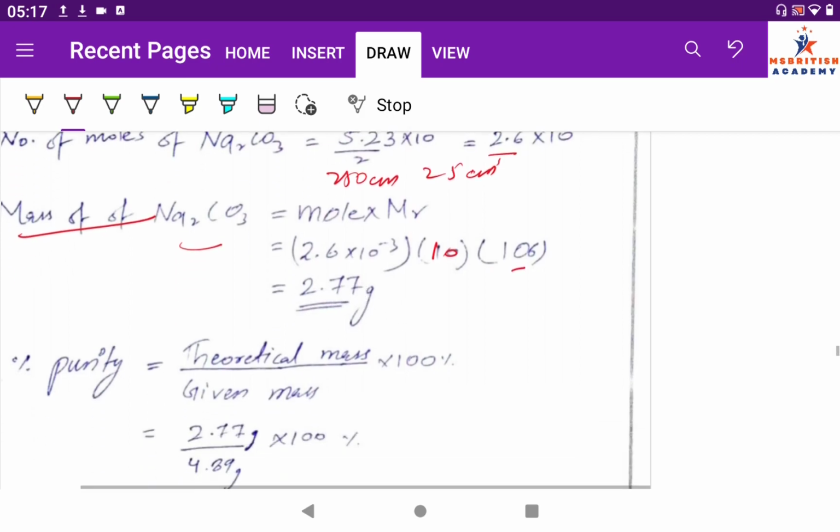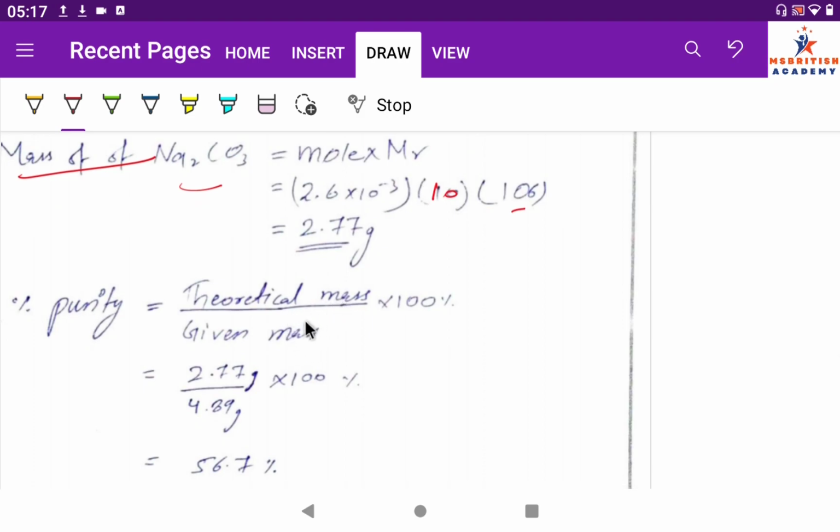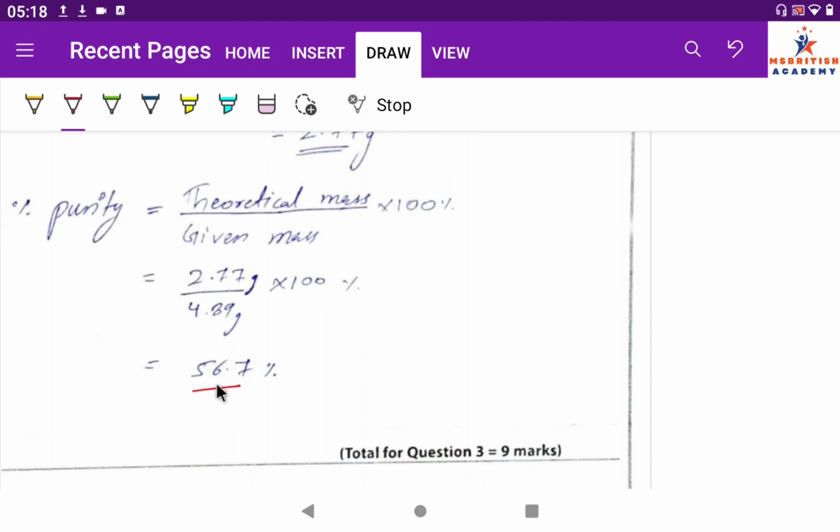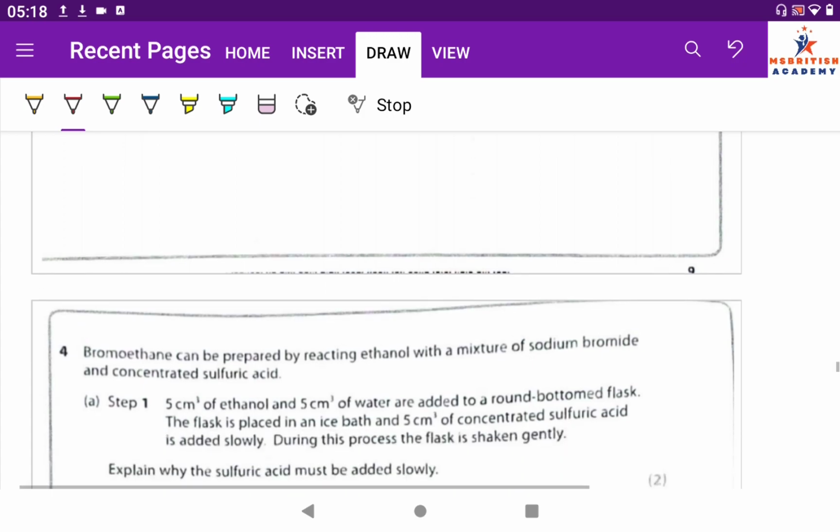And the percentage purity is theoretical mass divided by given mass. So theoretically we get 2.77 and given mass is 4.89, multiplied by 100, so we will get 56.7 percentage of purity.